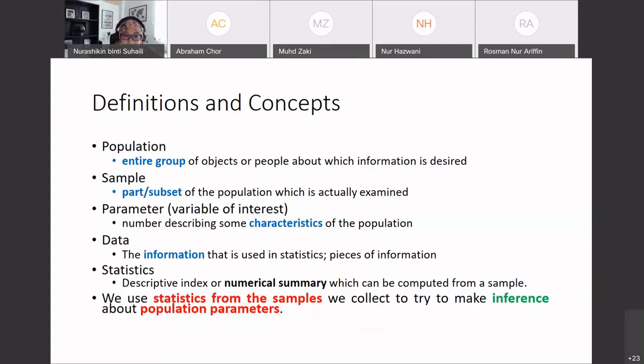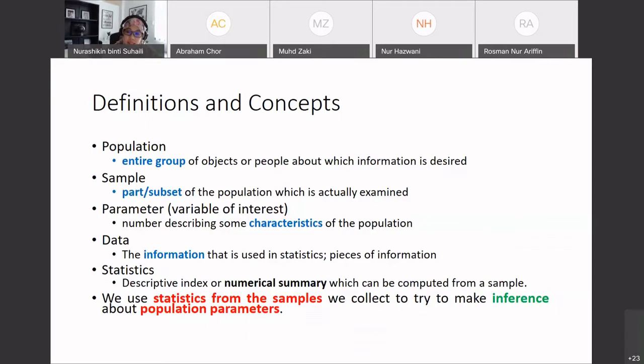Let's say my population is UNIMAS. Now I define population as UNIMAS. So my samples now are students from different faculties, right? So students from engineering is sample 1. Sample 2 is students from FEB, Faculty of Economy, and sample 3 is students from Faculty of Computer, something like that. So those are the samples.